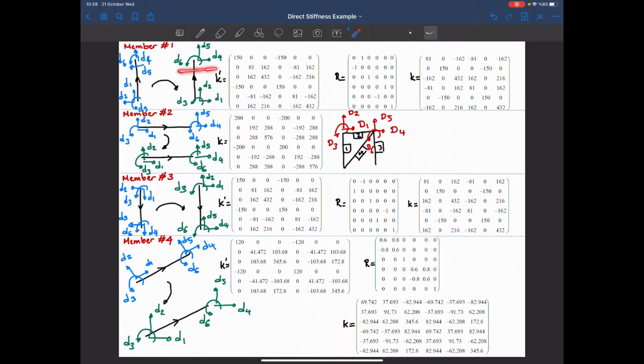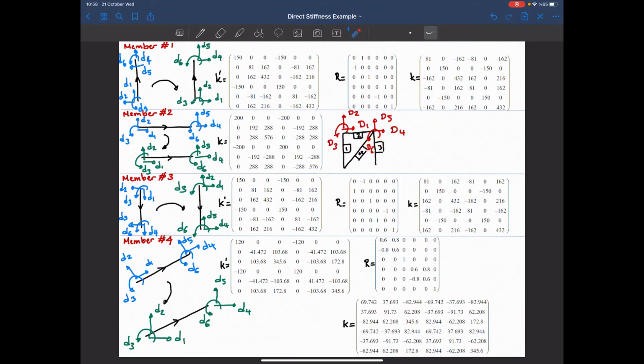These are the directions and they match the directions of the structural degrees of freedom. Let's take a look at the second member. They match. Third member, they match. They are all in the same direction. And the fourth member, again, they are all in the same direction.